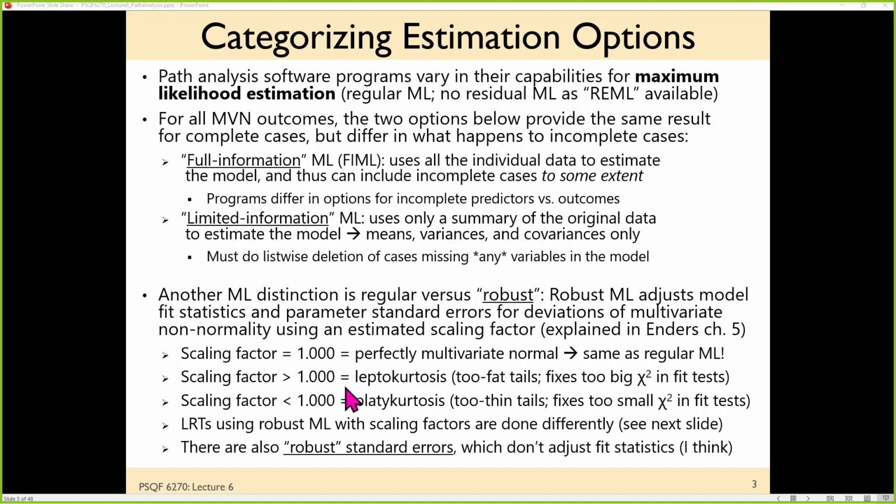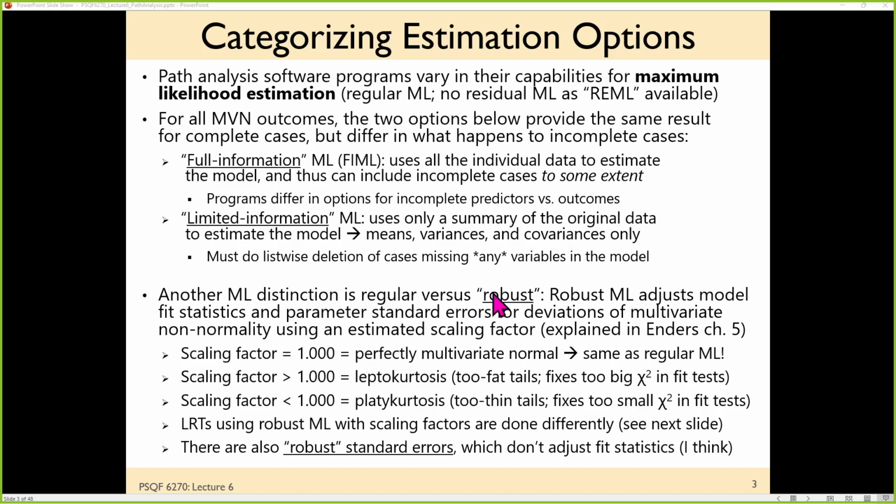But in general, as part of your output, when you invoke robust maximum likelihood, you get this additional statistic called a scaling factor. And it provides you with an approximation of how far off from multivariate normal your data actually are. And it uses that approximation to try and correct model fit statistics, which we'll talk about today, as well as standard errors for the parameters.